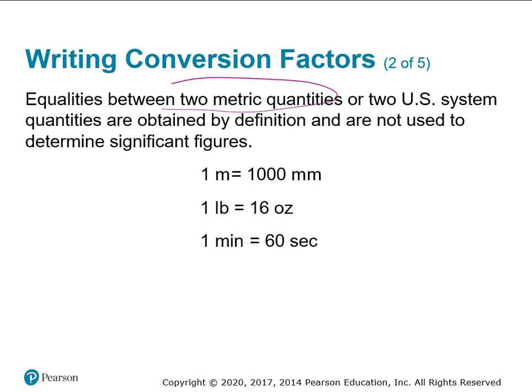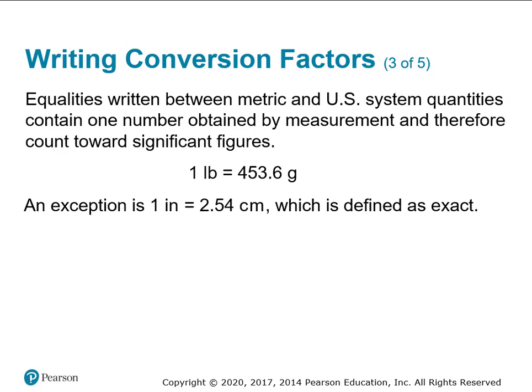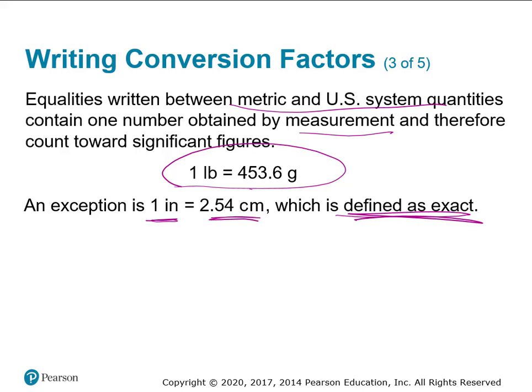Remember that when we stay within the metric system or stay within the US system, these are by definition, they are not used to determine significant figures. Equalities written between metric and US quantities contain one number obtained by measurement and therefore count towards significant figures. 1 pound is equal to 453.6 grams. Apparently, an exception though to this, because this is in English and this is a metric, this is defined as exact. So this would not count towards sig figs.